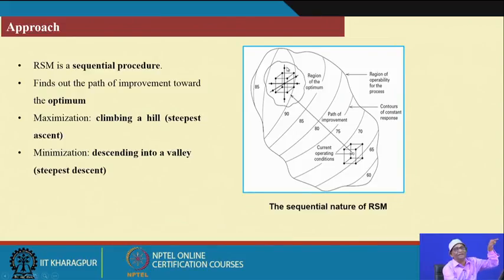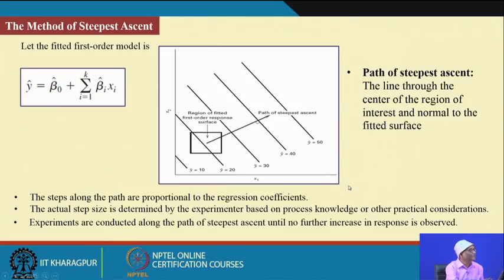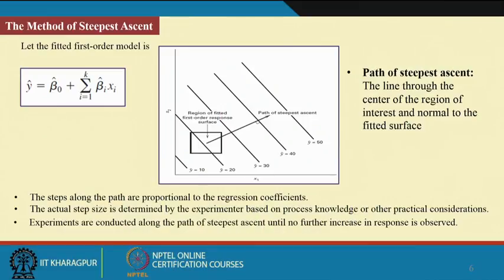That means there is a curvature or quadratic effect, and a point of optimum might have been reached. Okay. If it is a maximization problem, the optimization method is the steepest ascent method. If it is a minimization one, it will be the steepest descent method. Whatever the case, let us explain only the steepest ascent method, because the descent will just be the reverse.